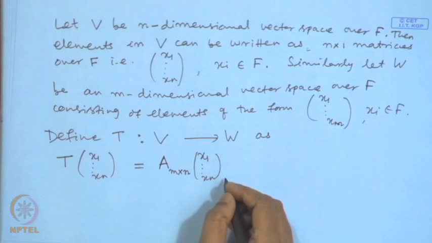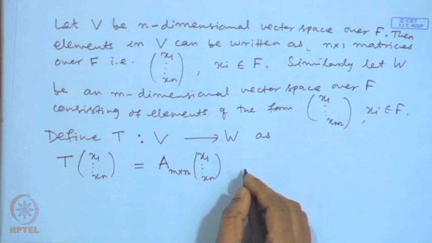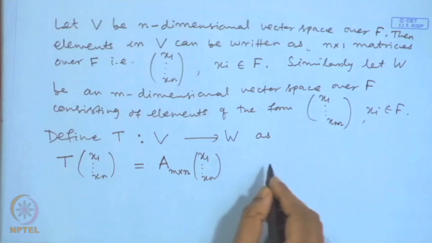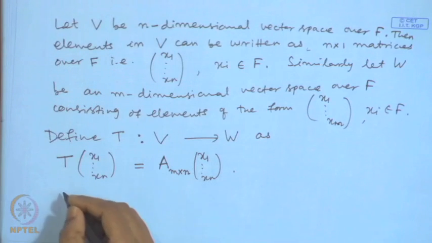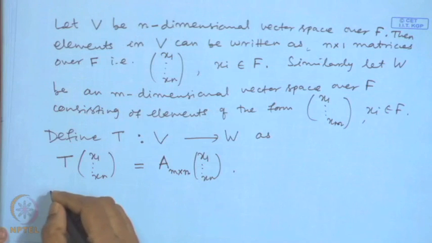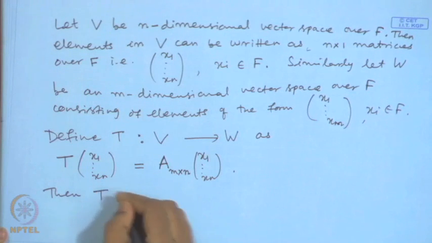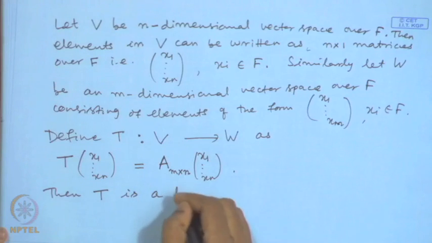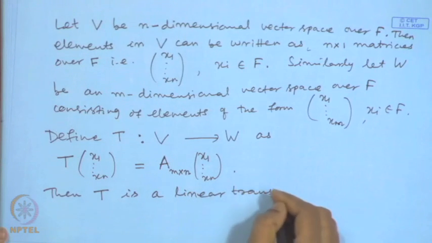This is a matrix multiplication and its result will be an m by 1 matrix, that is an element of W. Then one can easily verify that T is a linear transformation.